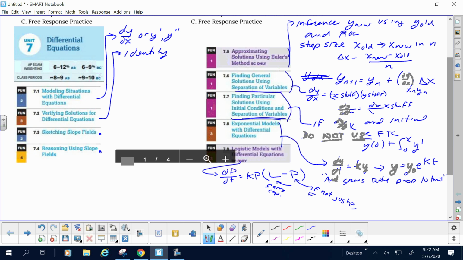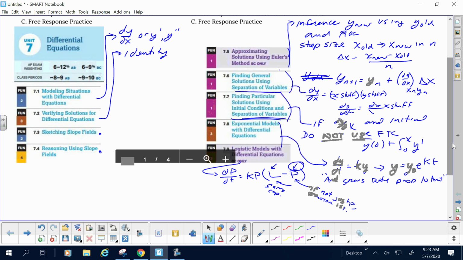You should factor first, then look at the carrying capacity, because the carrying capacity isn't necessarily what's here if this isn't P. So first, make this P, then look at L to determine the carrying capacity, all right?